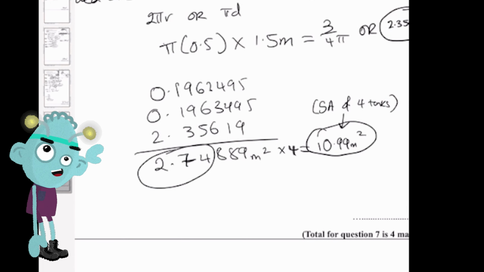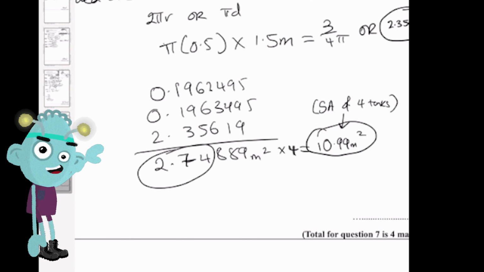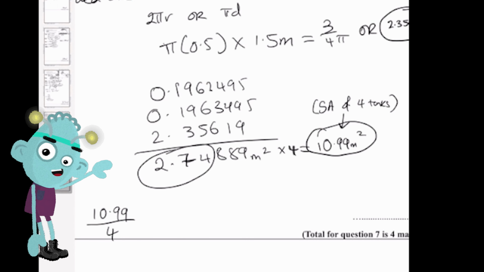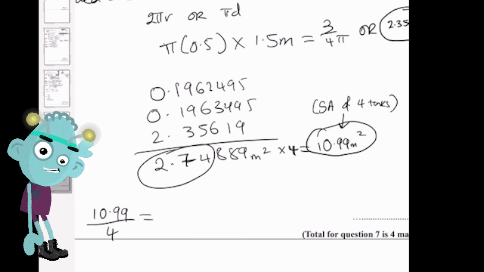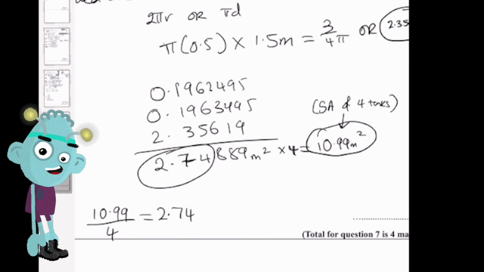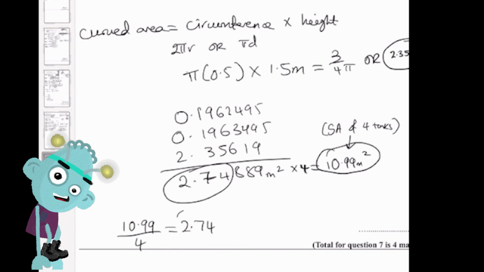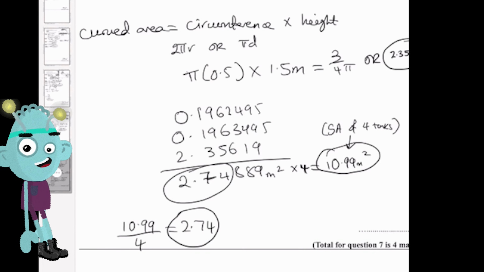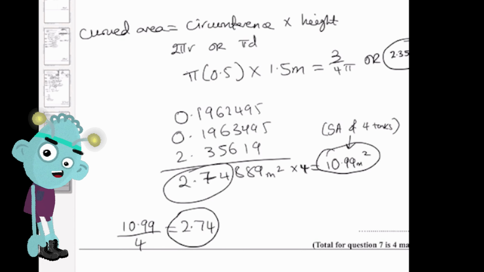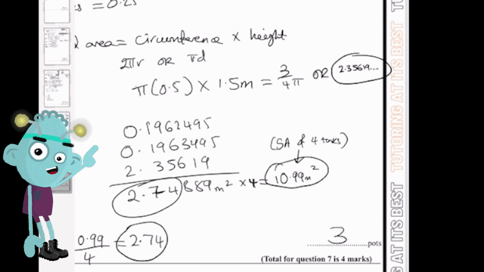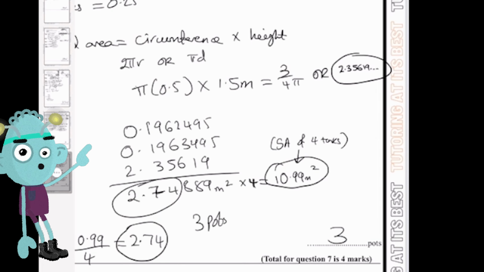And as you know, I will get the same answer as what I started with. But remember, we're dividing it by 4 meters squared. I'm just going to write 2.74 here. But again, we know that we cannot have 2.74 pots. So I'm going to round it up, which will then give me 3 pots. So now we know that we will have 3 pots needed.